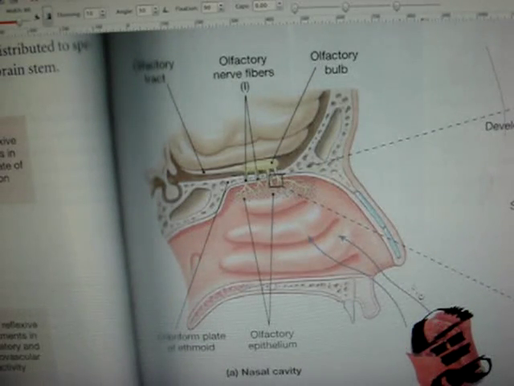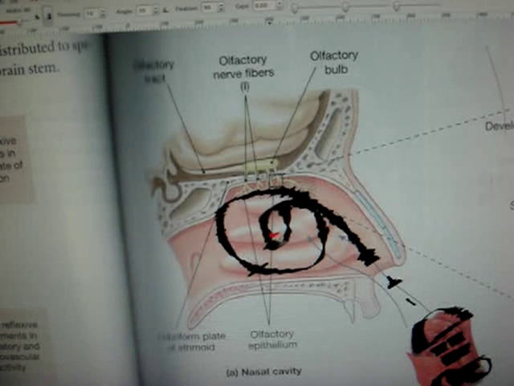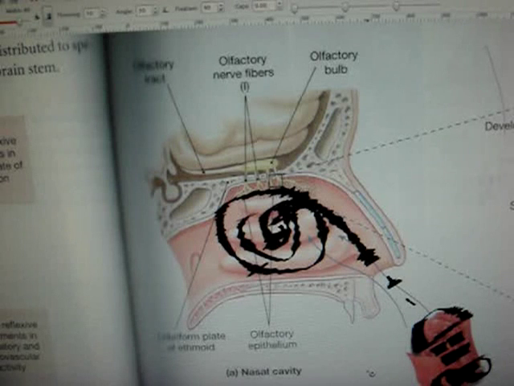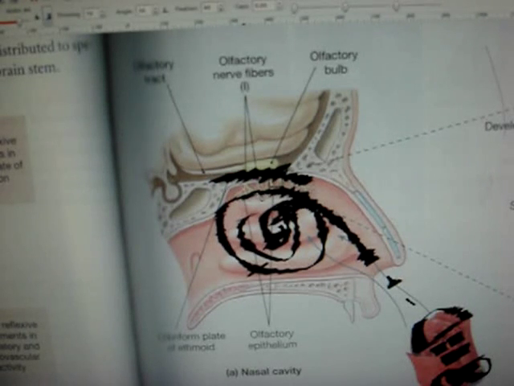When air enters through the nose, it circulates. It goes like this, around, and bam, we have stimulation. Once enough oxygen and compounds have reached the organ, around in these spots in here, that's when the receptors start happening.